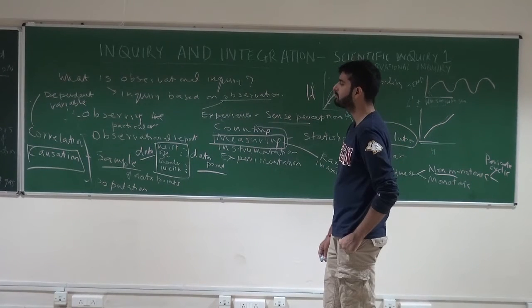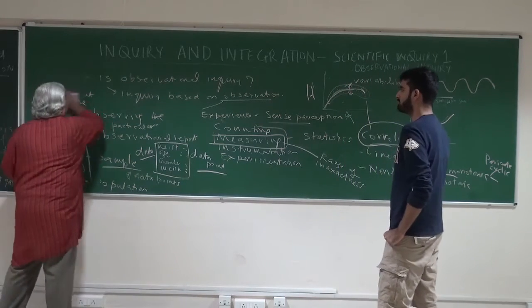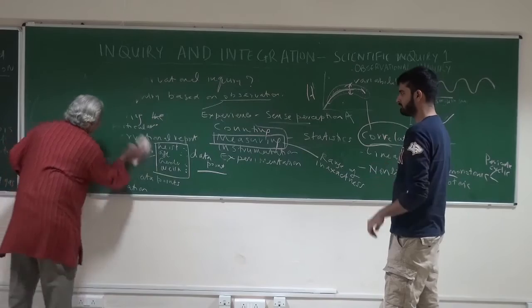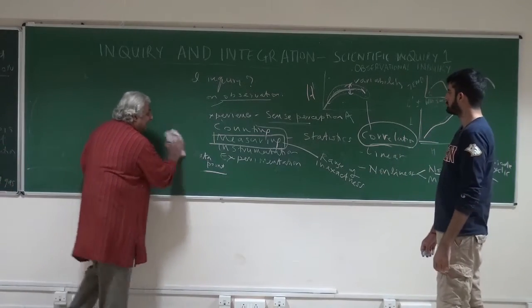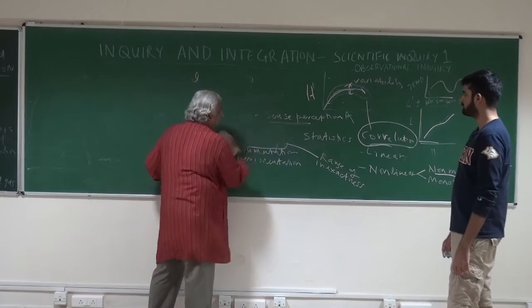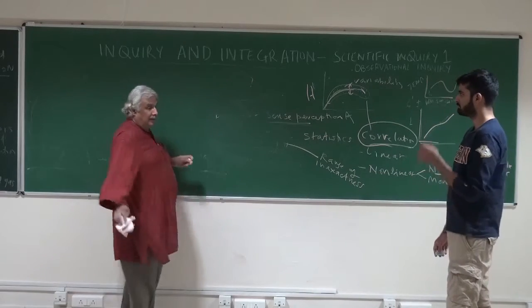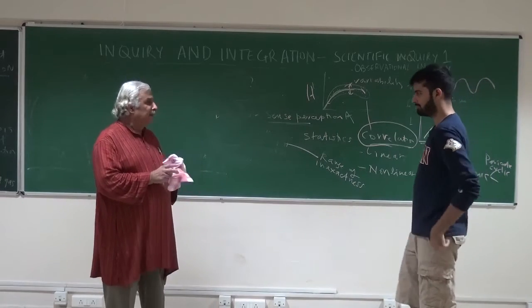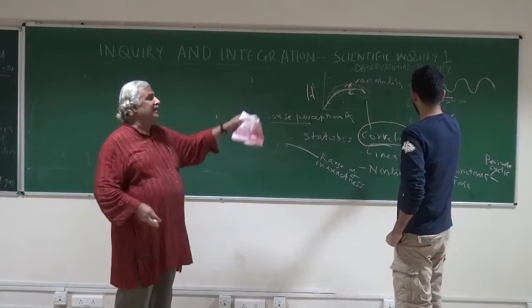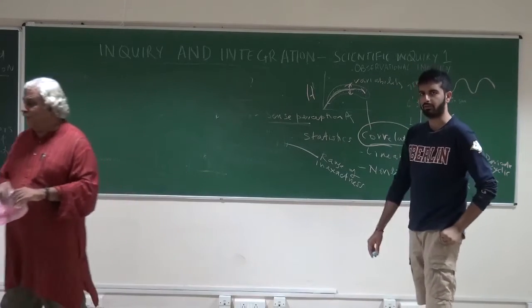Let's take some examples of observational inquiry. We did talk about a few cases of observational inquiry in our distinction between scientific and mathematical proofs. All these are examples of observational inquiry.